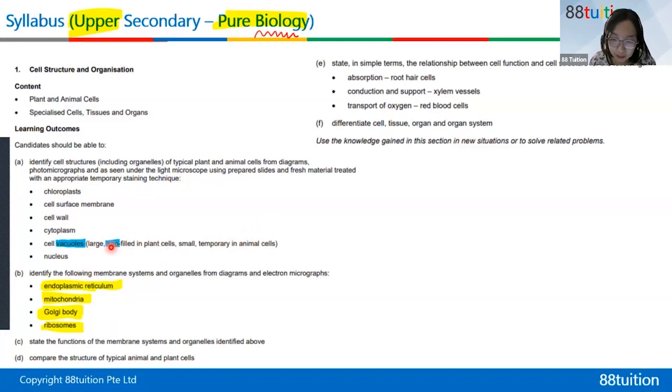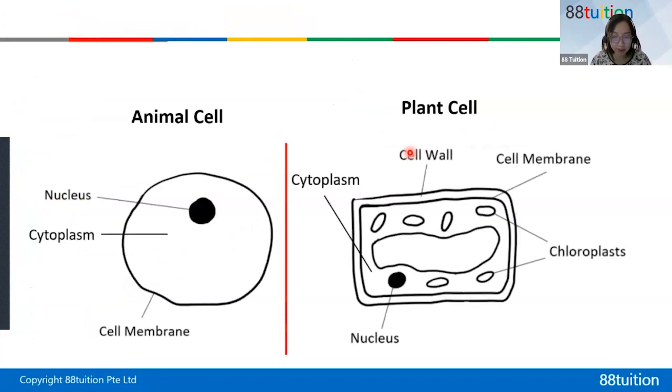Okay, then let's see. So I'll go on. So this is the plant cell and animal cell. So I will highlight those that are common. Hang on. What happened to the pen? Okay. Right, so you have nucleus, cytoplasm, cell membrane.